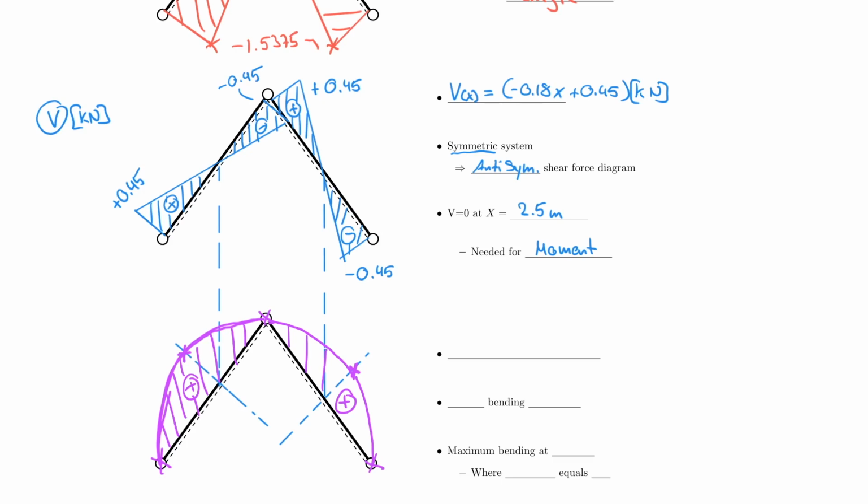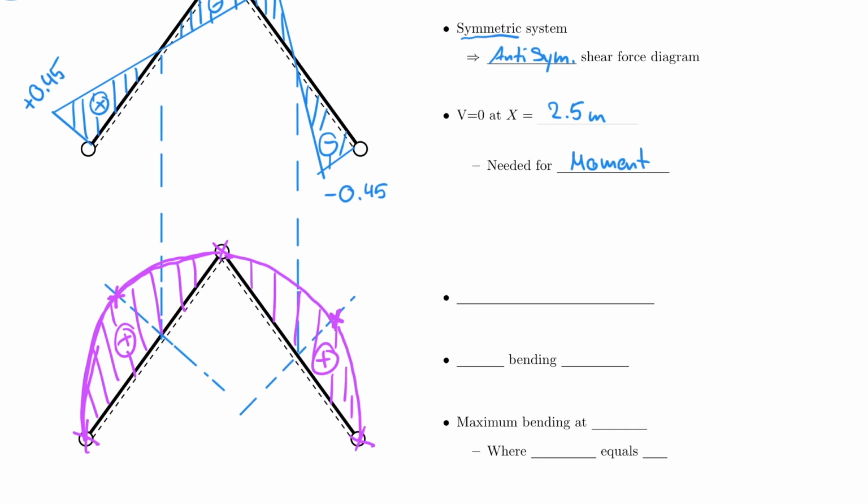So now I'm done. Of course, I still need to calculate my maximum value, but what's easier than calculating a maximum value if you know where it is and if you have a function? Remember that the function was M of x equal to minus 0.09x squared plus 0.45x, and this, of course, in kilonewton meter.